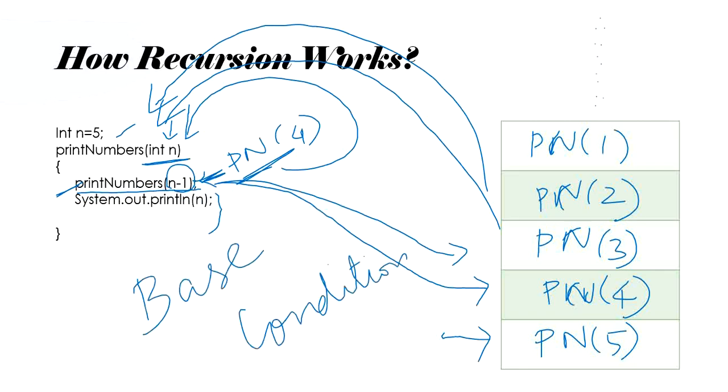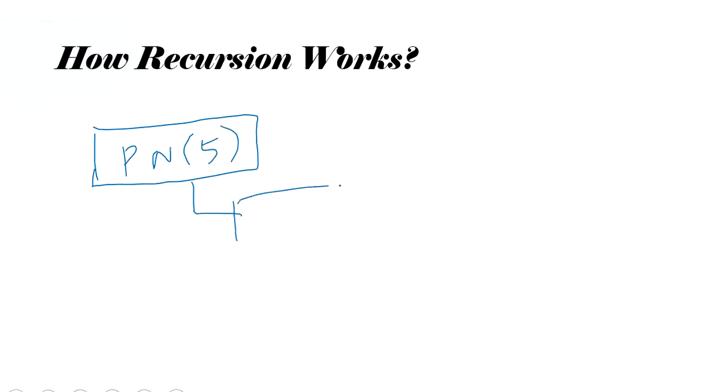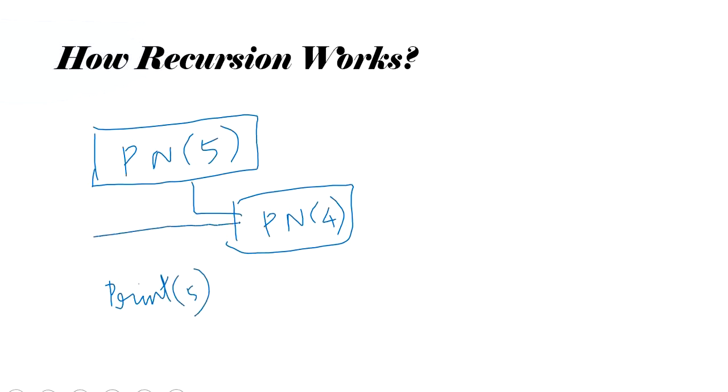Before understanding the base condition, now we started our program with print numbers of 5. It is actually calling, in the first line, print numbers of 4 and only then printing the value. So before printing the value, it actually called print numbers of 4.